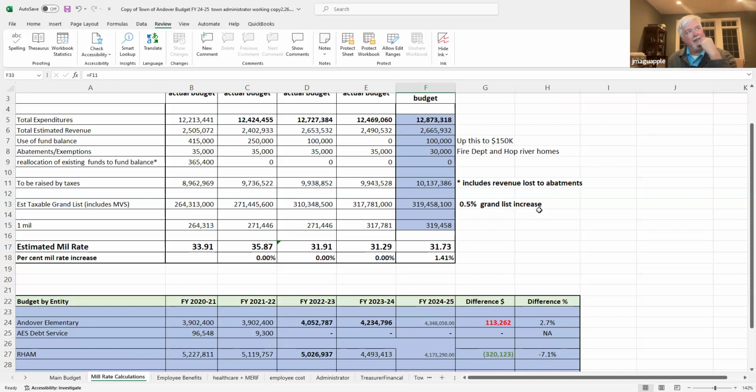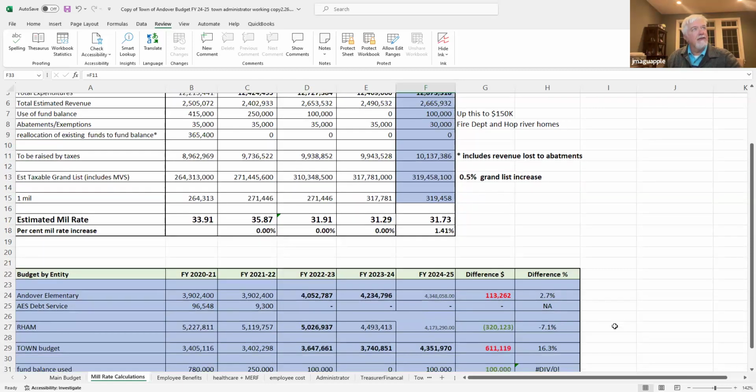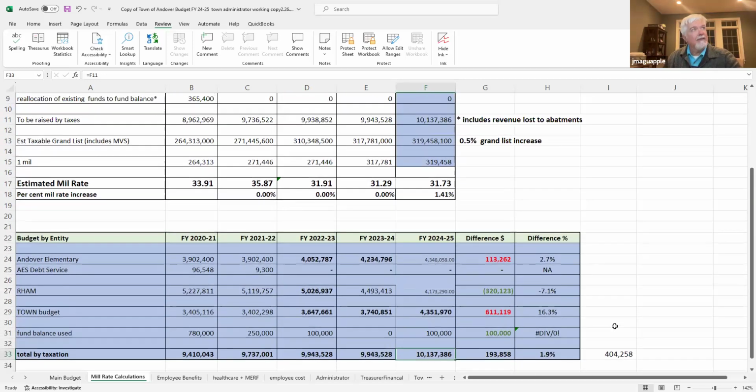Because I look at it as there's a $304,000 total increase in spending, in what's being requested by the three entities: $113,000 for AES, a minus $320,000 for RAM, and a plus $611,000 for the town.